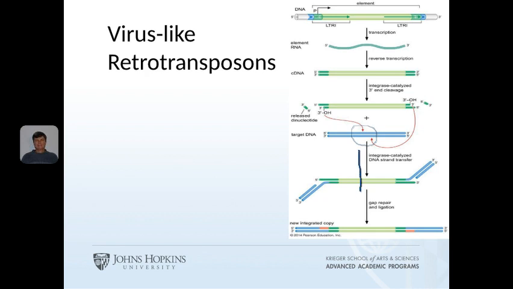So this process is very similar to the cut and paste we've seen before. As you can see from this overview of transposition mechanisms, there are many similarities between each mechanism, but also distinctions between the different types of transposons and how they move from host DNA to target DNA.